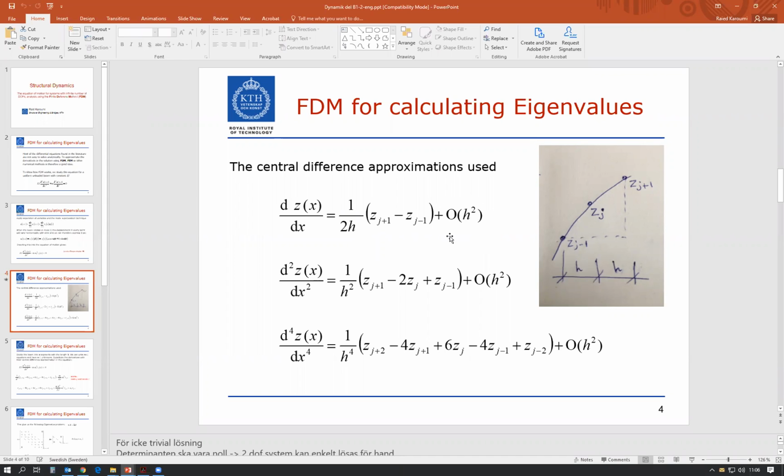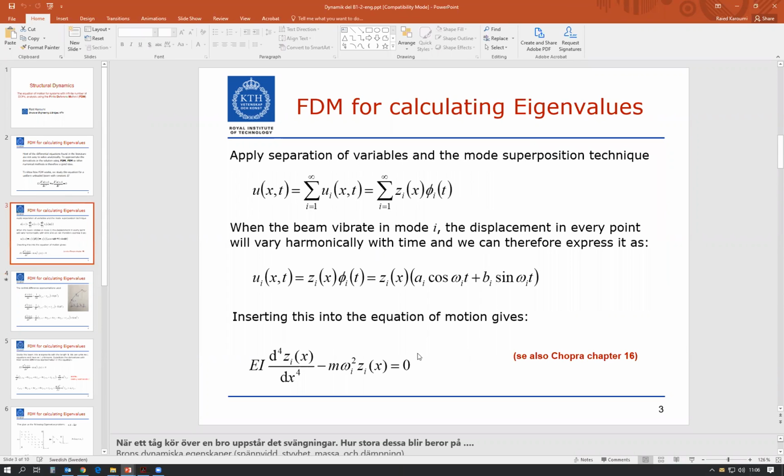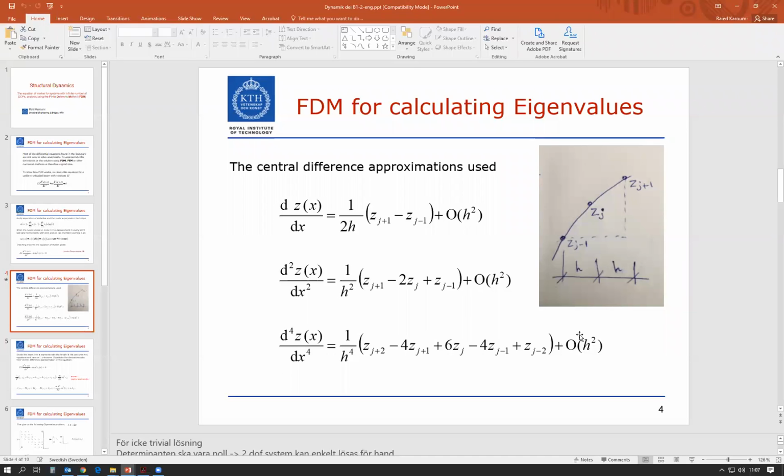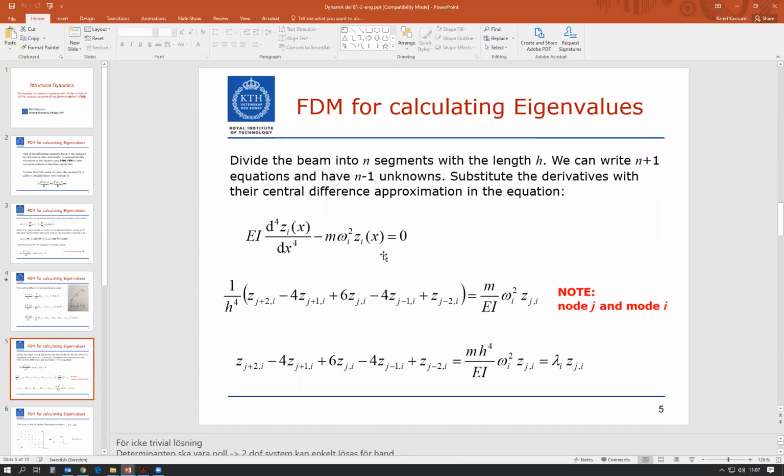Okay, so what we're going to do now is replace this derivative with its approximation. It's as simple as that. So this is the equation we had. Z is the mode shape.